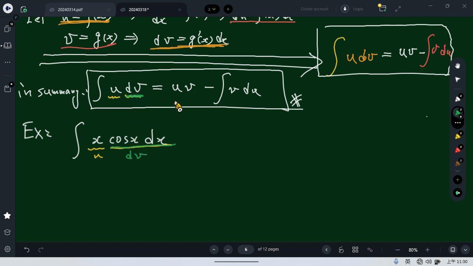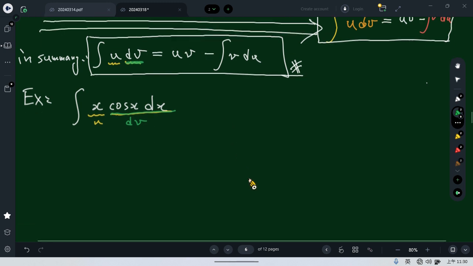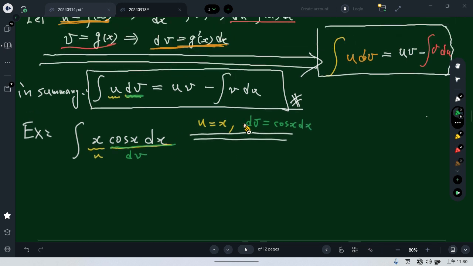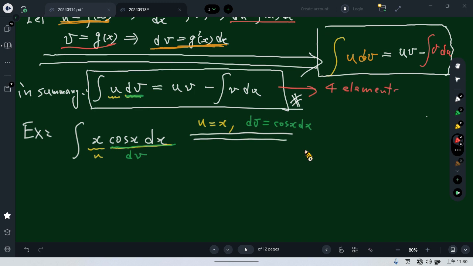So I let u equal x, then dv is equal to cosine x dx. But here we need 4 elements, including u, v, du, and dv.